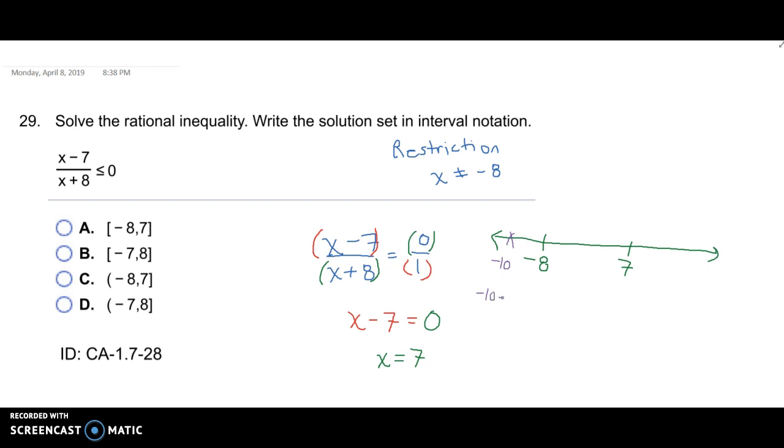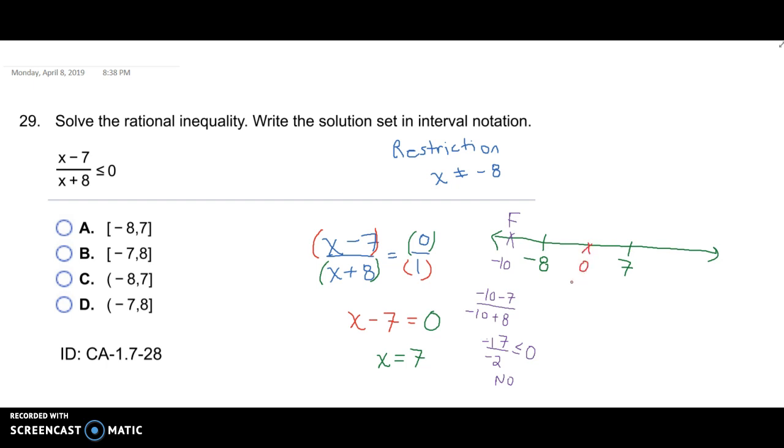So negative 10 minus 7 over negative 10 plus 8 would be negative 17 over negative 2. We need to see if that's less than or equal to 0. A negative divided by a negative is going to be a positive, so that's not true.